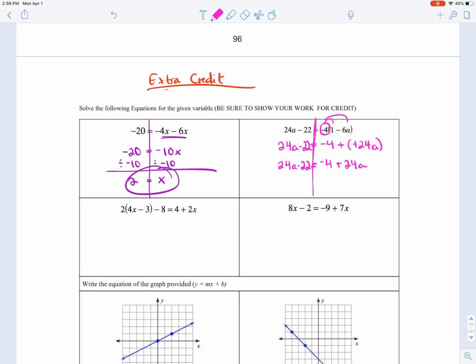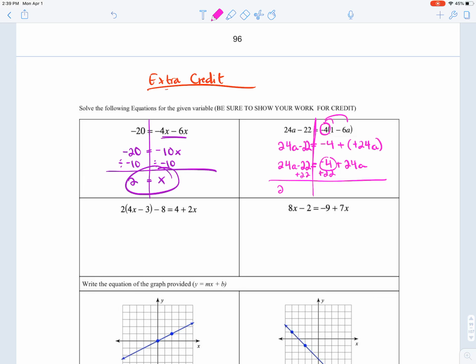Now remember, our goal is to get a by itself. So our variables need to be on one side and all of our constant numbers without variables need to be on the other side. So let's take a look. I'm going to add 22 to both sides, right? And I can only add 22 to this negative 4 here.